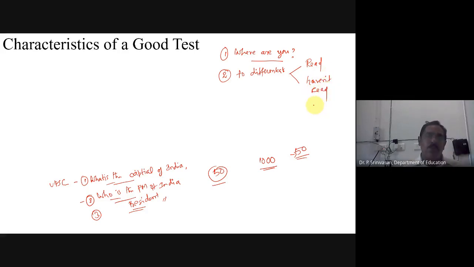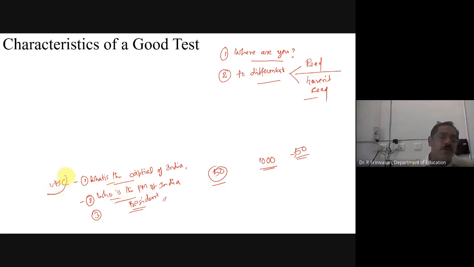Those who have read the portion, those who know the portion, and those who have not read, those who do not know the portions. Do you understand? Our question has to differentiate between the people who have read and those who have not read. Then only these problems won't come.